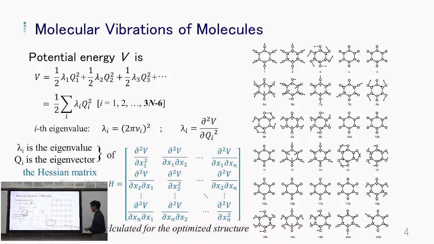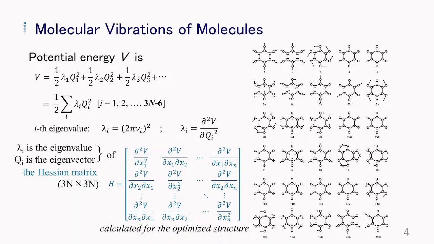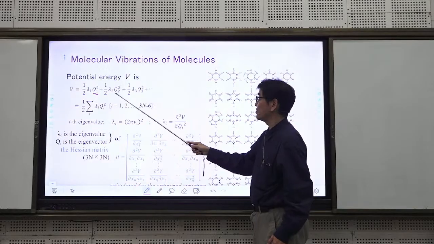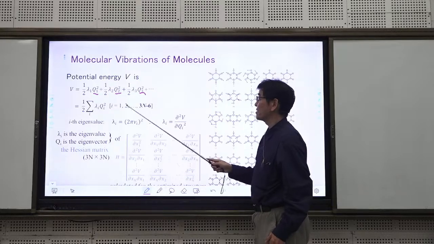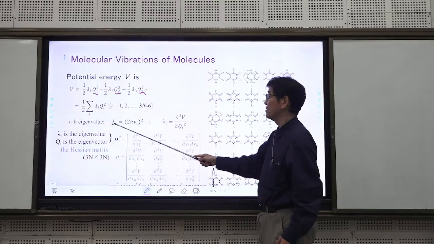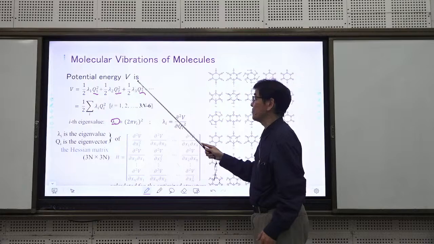Even if the number of atoms increases, the description is the same. So we have a method. It is shown that the potential energy is expressed as a linear combination of multiple oscillators with the coordinates Q1, Q2, Q3 and corresponding eigenvalues lambda 1, 2, 3.